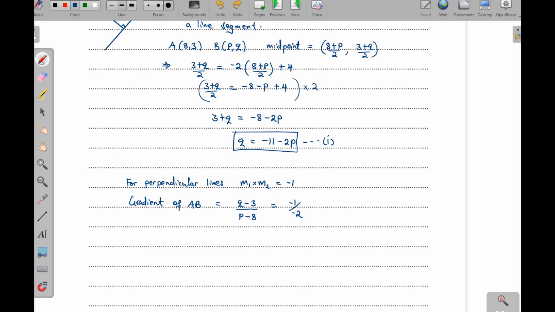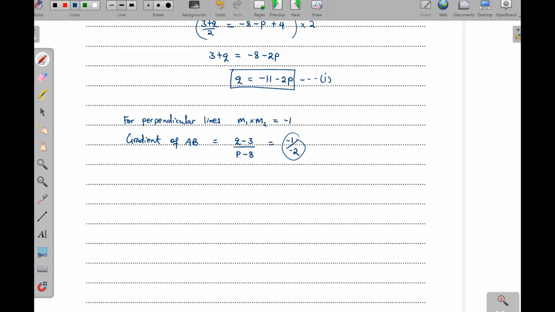So this one can help you to get the next equation in terms of p and q. Now this one will be positive a half. If we cross multiply from here, we have q - 3 equal to a half times p, and then a half times negative 8, which is negative 4.